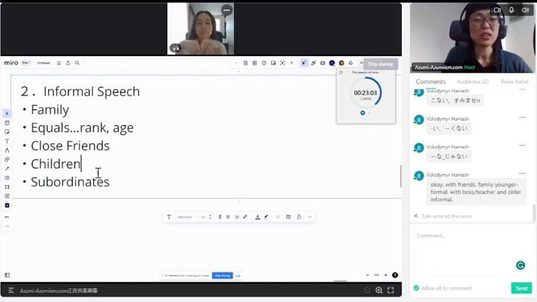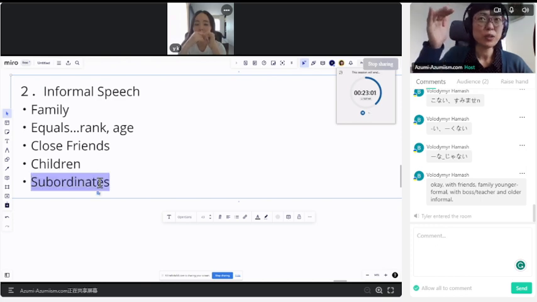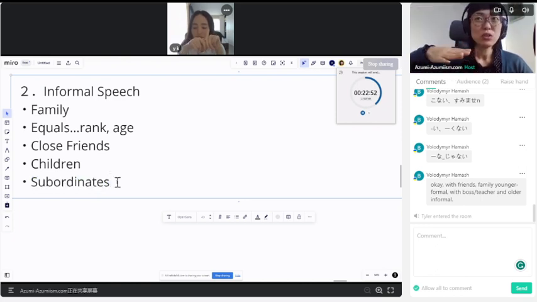That's the structure: high rank people and older people use informal speech. If you are in the lower position, you shouldn't use informal speech.